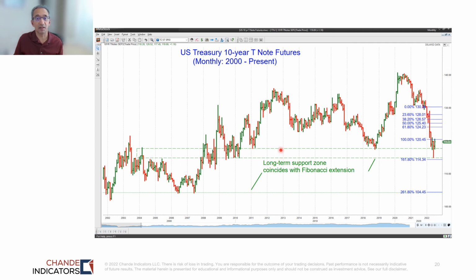And that's a way that you can get more value out of the Fibonacci projections or retracements: by looking at a long-term chart and trying to see whether the Fibonacci extension levels are coinciding with other regions of support or resistance that you would ordinarily mark on a chart without using Fibonacci retracements, by looking at significant points of support or resistance.